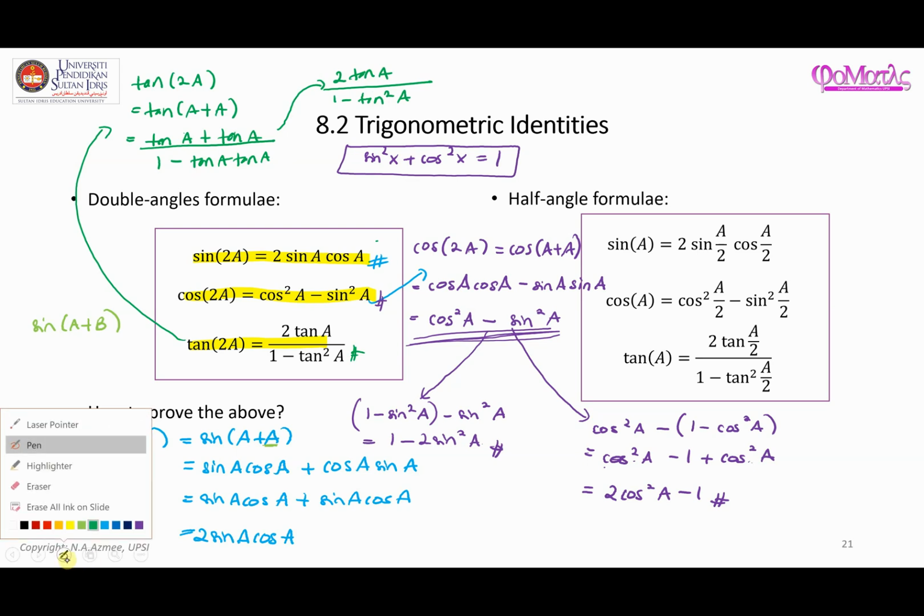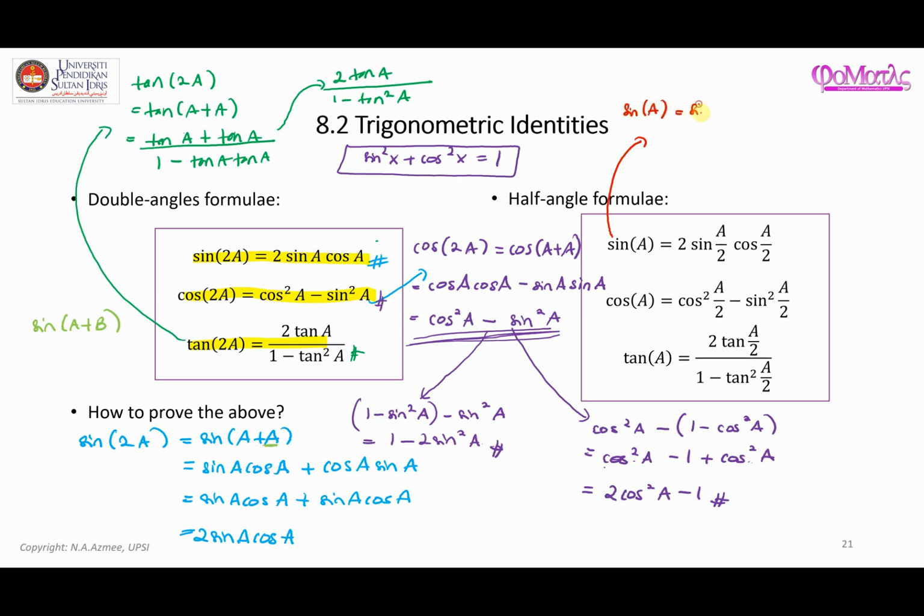Now how about the formula for half angle formula? So sine A, what is sine A? Now if you have sine A, this is similar to having sine A over 2 plus A over 2, because A over 2 plus A over 2 will be equal to 2A over 2, which is just A. And if you follow the same idea as given here, you can write down the process at the right hand side over here.